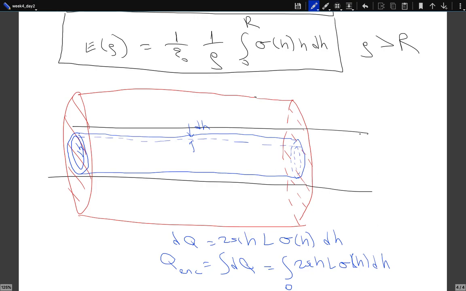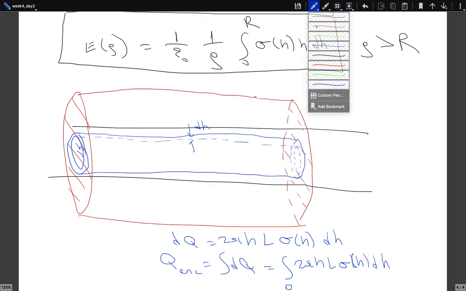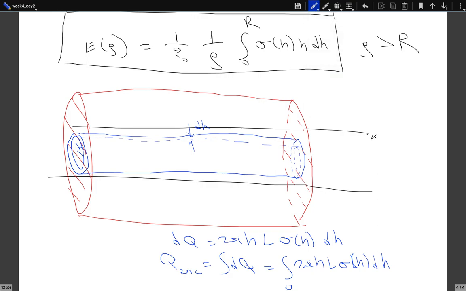That's r. The largest cylinder that has charge has h equal to r. So that is why the upper limit is r. Of course, I can imagine cylindrical shells outside my wire, but for those shells, you can think that the charge density is 0. So that's why they don't contribute.